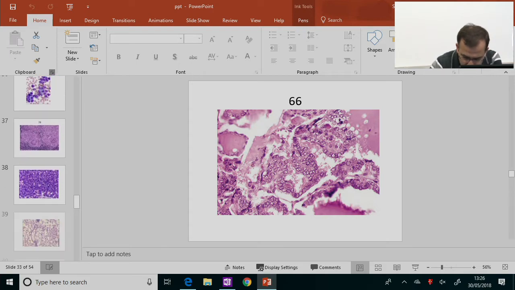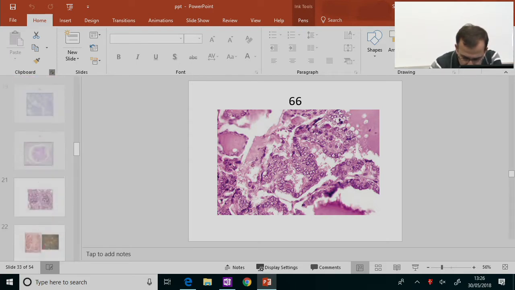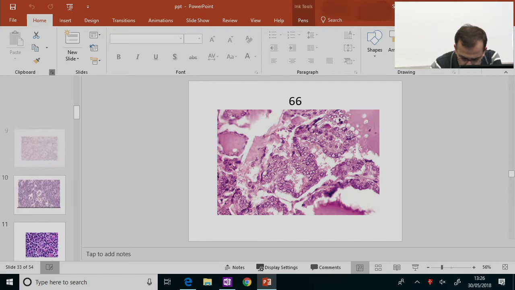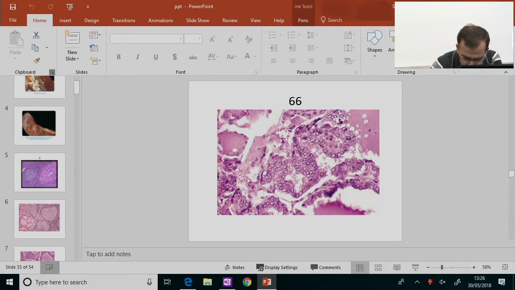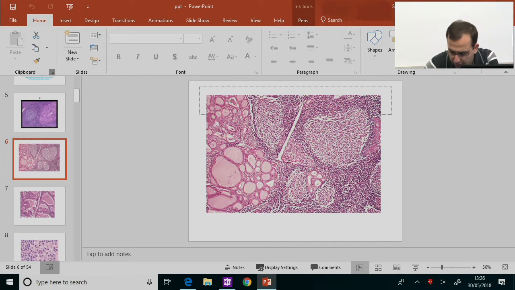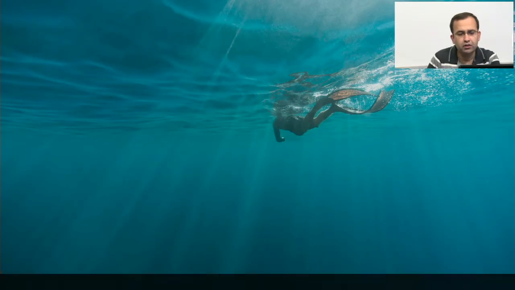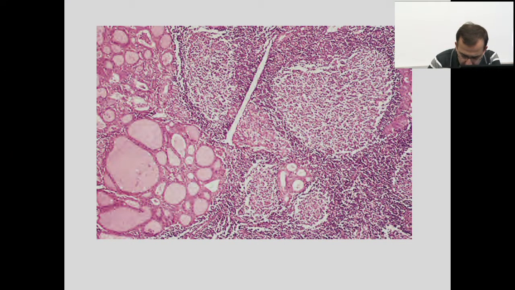Next point. Let us see the next one, have a look at this one now. We have already discussed this, but have a look at this again. What is the parent organ? Thyroid.